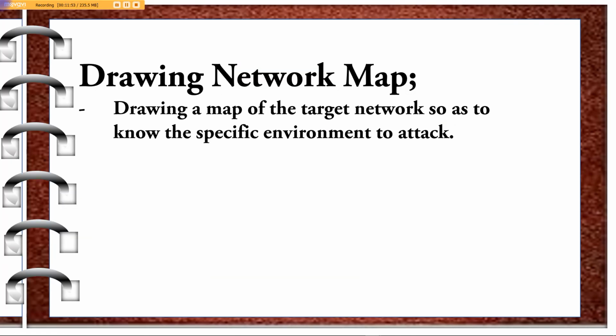And also, when an attacker runs a footprinting or reconnaissance attack, it helps them to draw a network map of the target network, so as to know the specific environment to attack. And now, this is the end of the concept of footprinting, and all the things we've mentioned are concepts of footprinting.